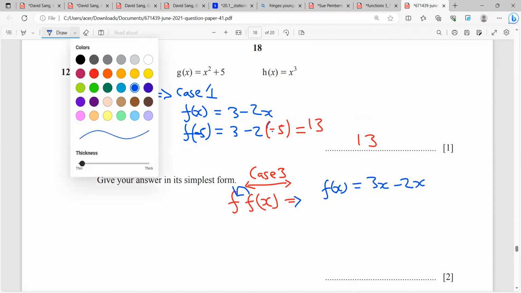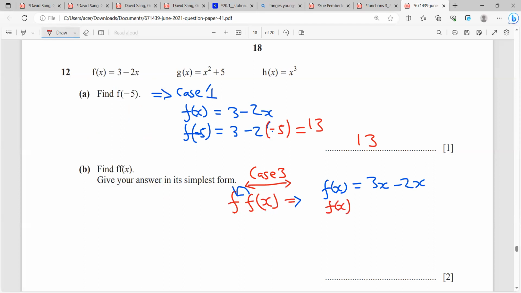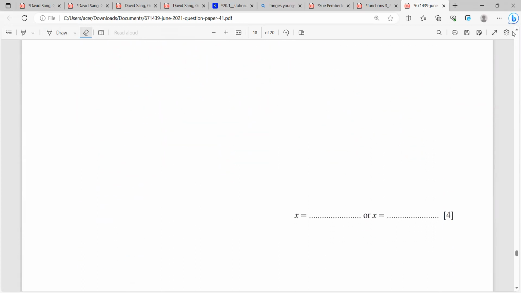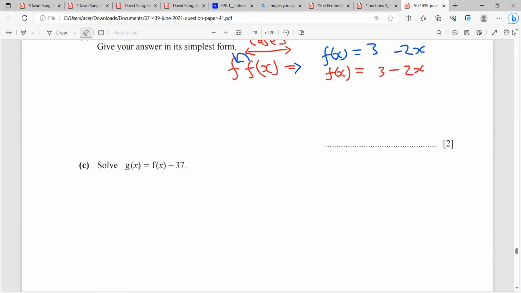And then the parent, I'm going to write it in red. It's f of x again, 3 minus 2x. So it's just the same function. So the blue must get into the red.